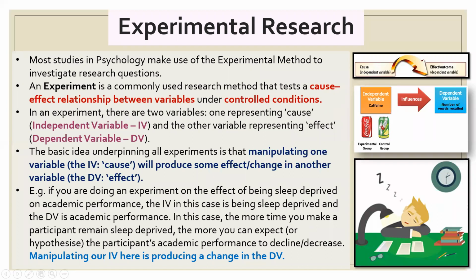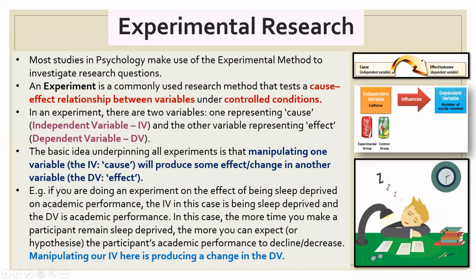Controlled conditions means that you are usually running an experiment in a setting where you as the researcher can control, or have some kind of ability to manipulate. So a researcher will usually run their experiment in a lab.